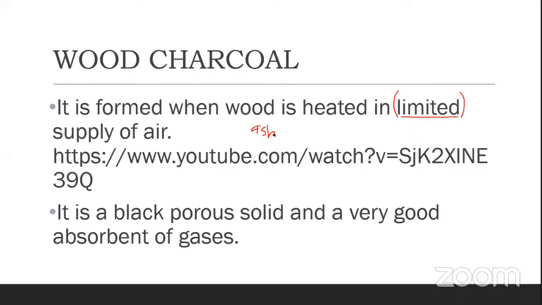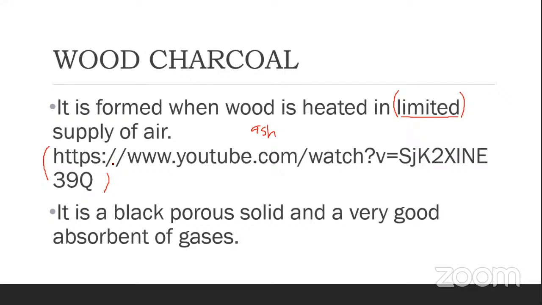Eventually, you get the ash. It is because there you're burning in excess oxygen. So during the manufacture of charcoal, we use limited supply of oxygen, or less oxygen. So I try to get this YouTube link. What you need to do is to copy it, then you feed it in the YouTube search, then you will see that process.